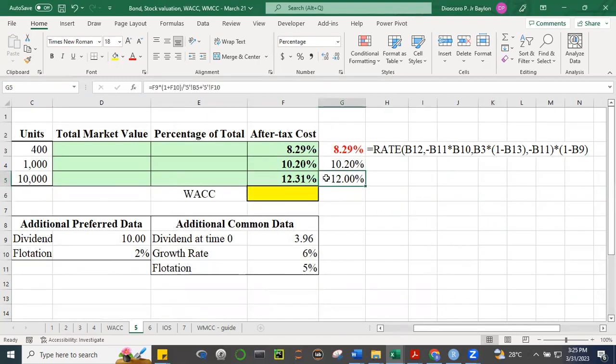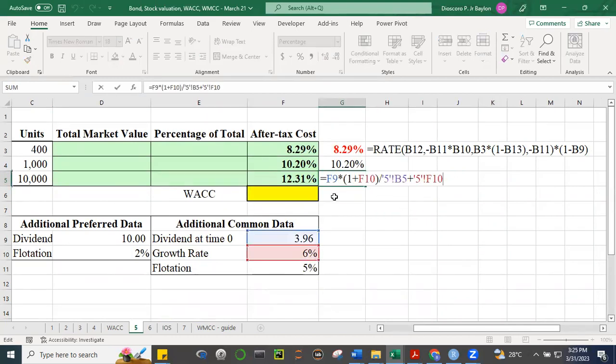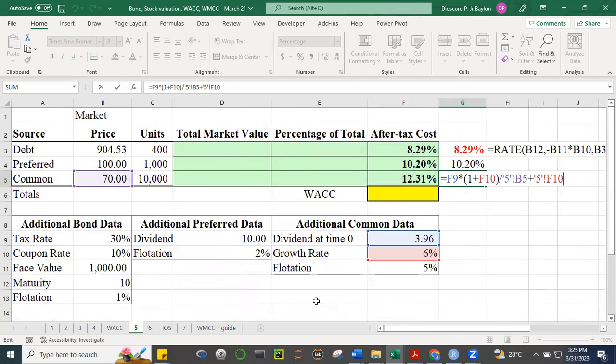Okay, may mali. D sub 1, so the dividend now is 3.96 times 1 plus the growth rate divided by the price. What's the price now? The price is, sorry, may kulang ako dito sa price. The price is, yeah, it's 70.